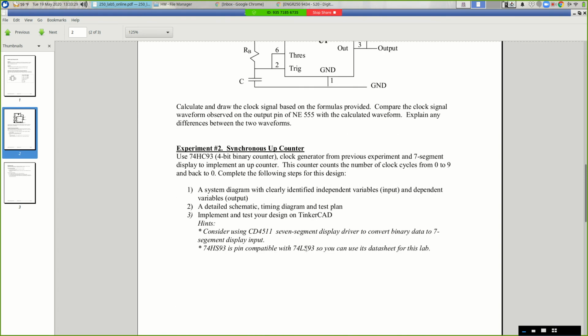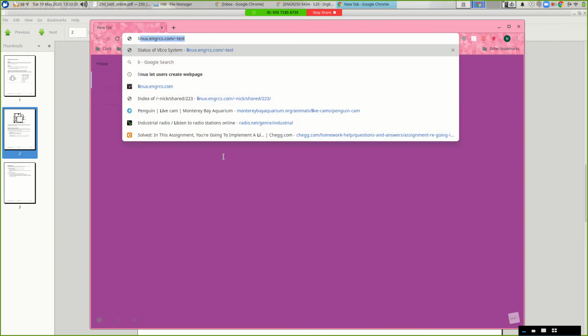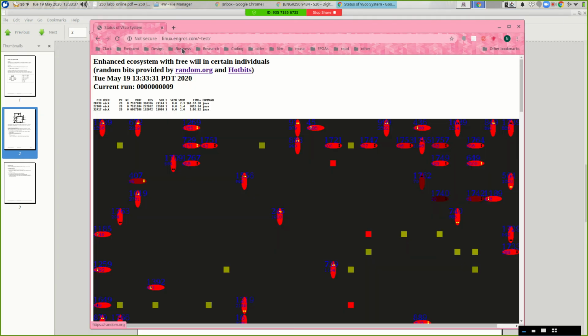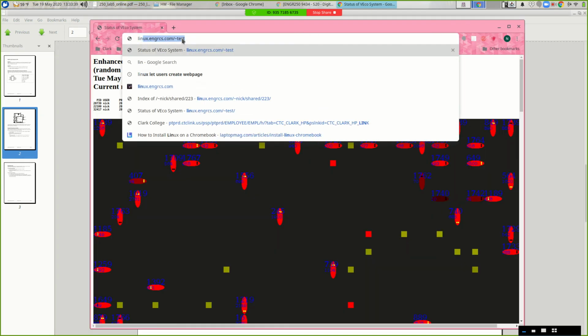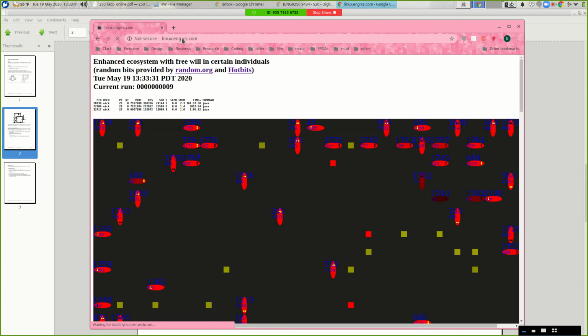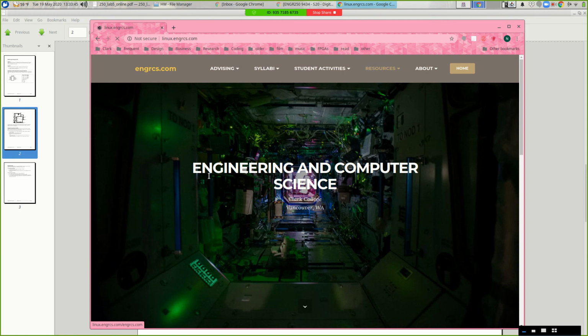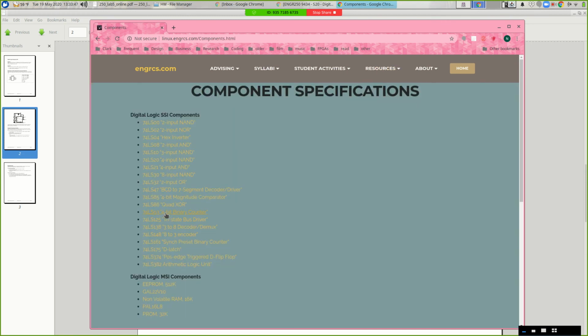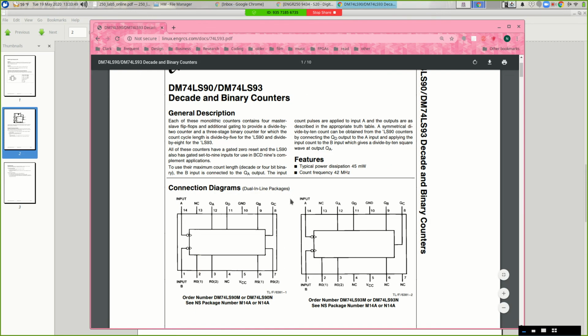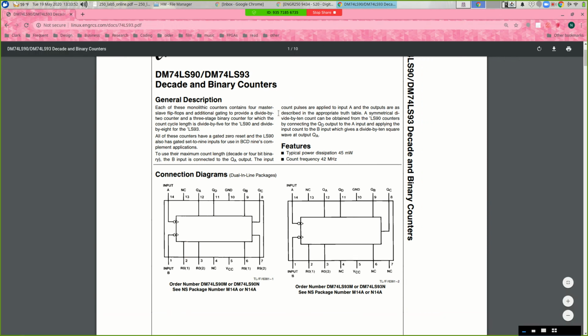The second experiment, we actually use this to drive a counter. So we're going to use a 74HC93. Let's take a look at that. So 74HC93, that's a 4-bit binary counter. And the data sheet lists a pair of chips.